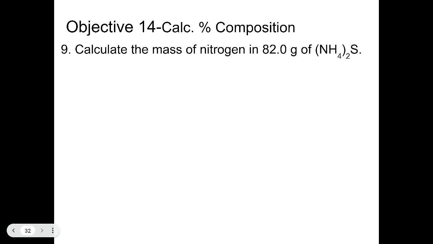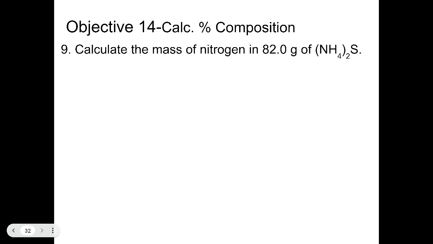And I'm going to take this down over here so it's out of the way. 28.0 divided by 68.1 times 100. So not surprisingly, the majority of it should be nitrogen because nitrogen is pretty heavy and there's 2 of them.